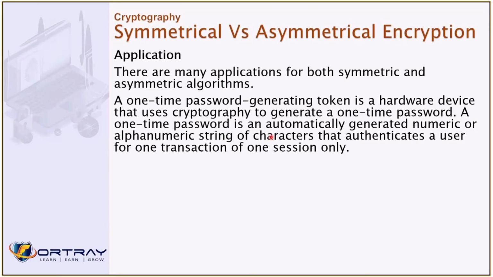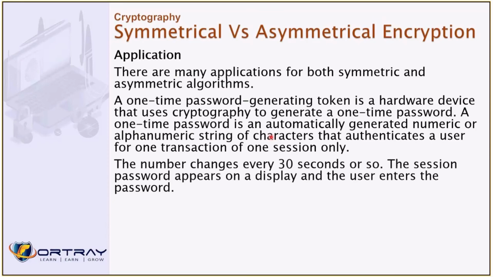Every time you log into your website you might be using the same username and password, but if somebody knows your username and password, he can log into your system. But with two-factor authentication or a one-time password, every time you need a new password, which changes after 30 seconds.